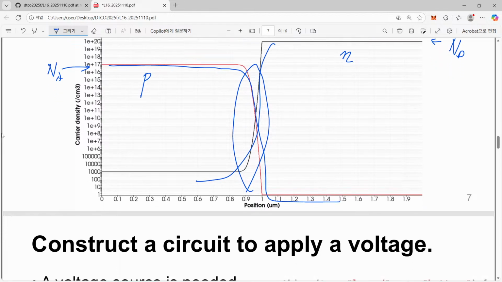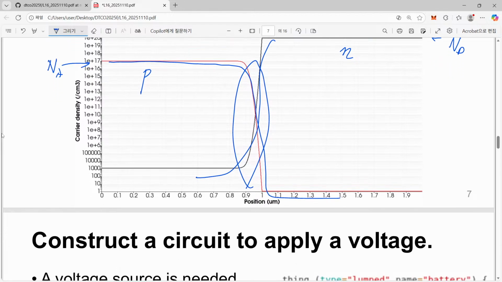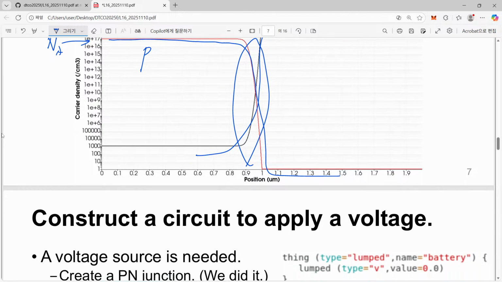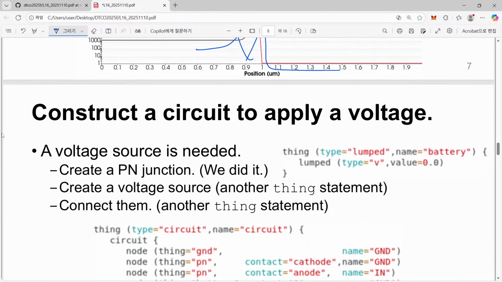Although this is right now a PN junction, later you will consider MOSFET, so you should be able to draw by yourself. And up to now we have thought about equilibrium properties. Yes, now we have equilibrium properties, but in order to make a performance optimization, first of all, you should be able to predict the performance.